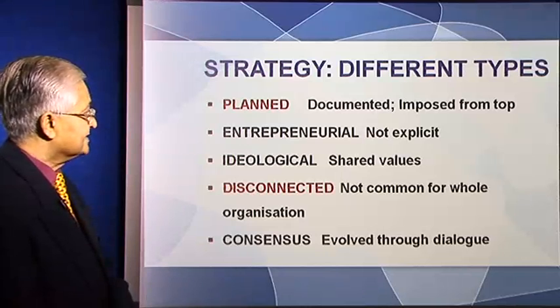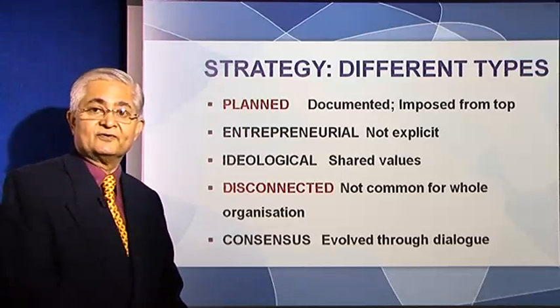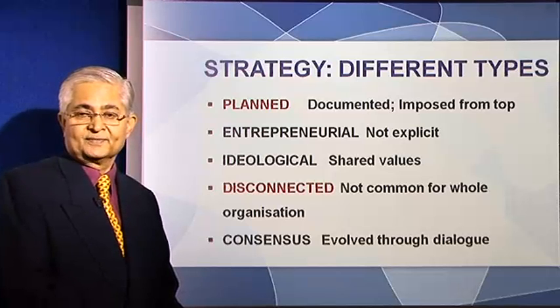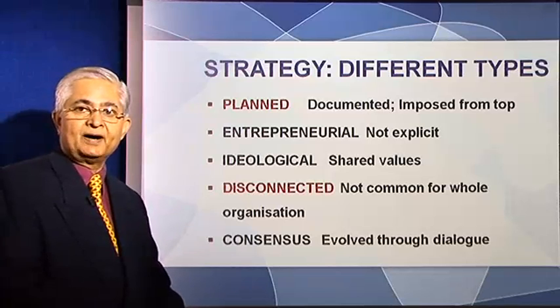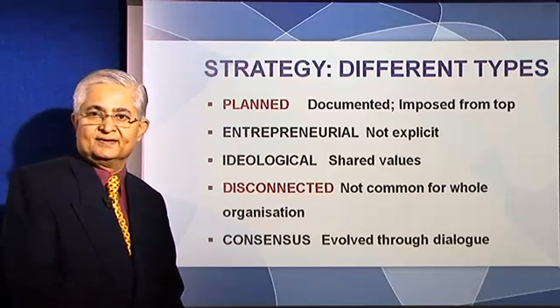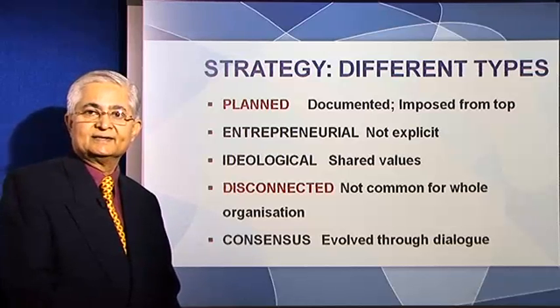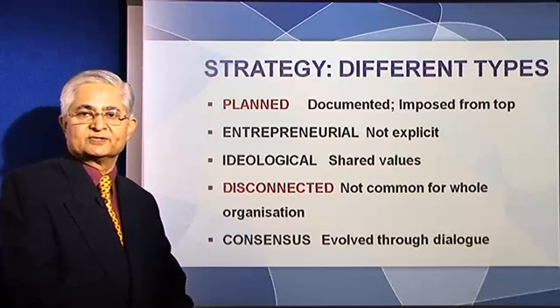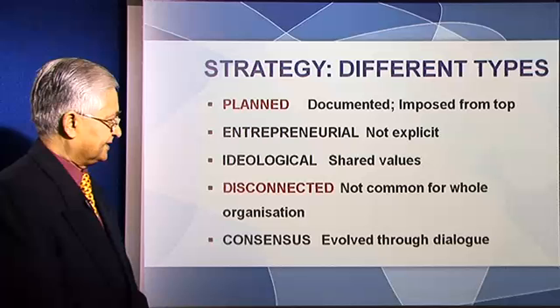Then you have disconnected strategy. This unfortunately is very common in industry. Here is a situation where different parts of the company behave in different ways. It is as though different parts of the company had different strategies which they were following. That's disconnected strategy.